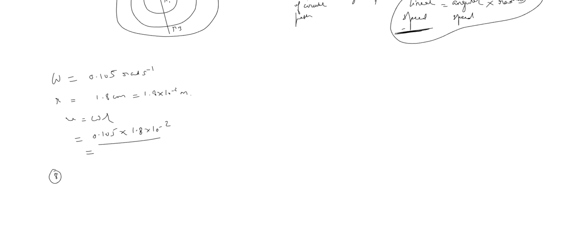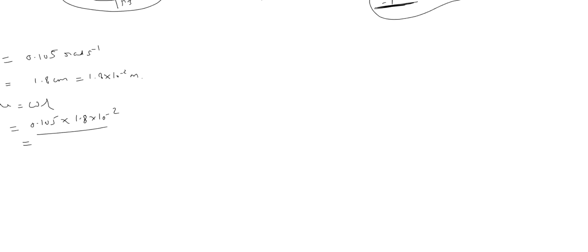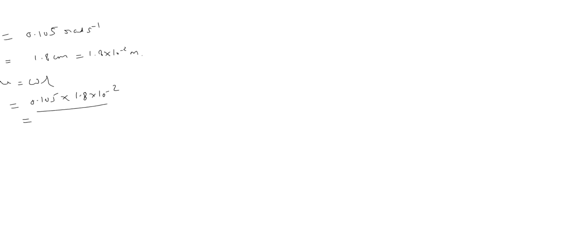Now, we'll discuss centripetal force. Whenever a particle is moving in a circular motion, let's say there is a particle moving with constant speed in a circular path of radius r.